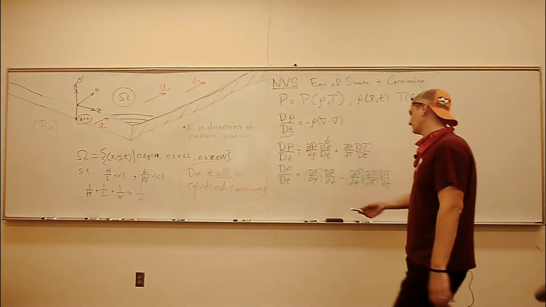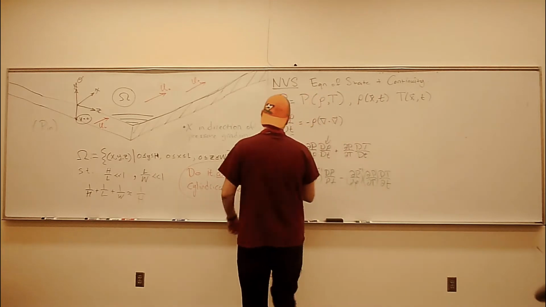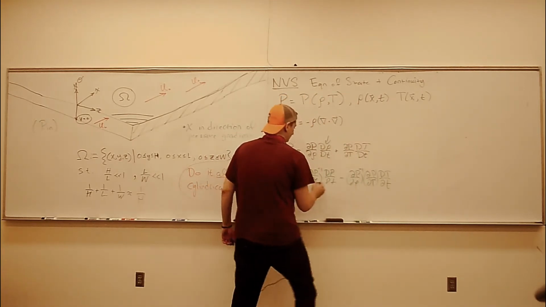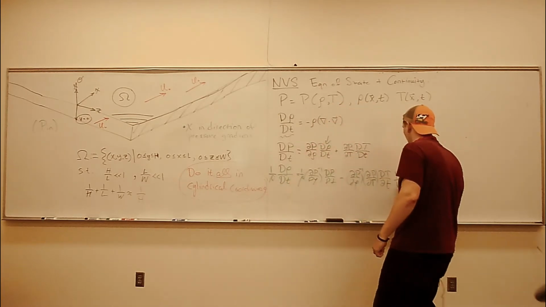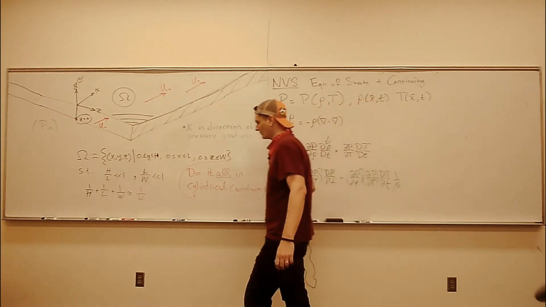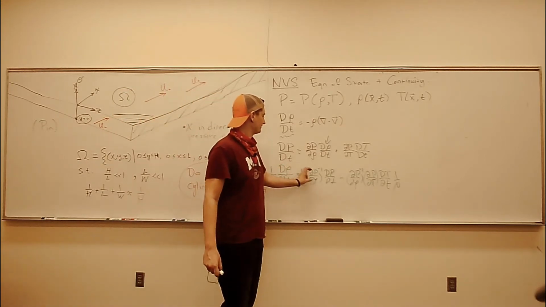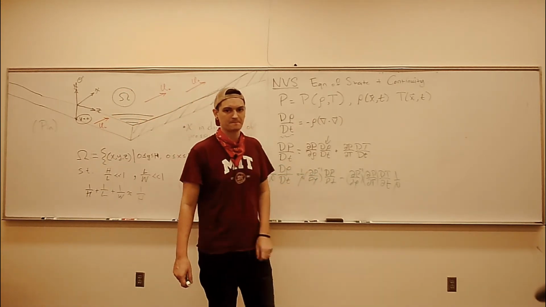Okay, and now what you do is you actually divide the entire equation by 1 over rho. And you divide the entire equation by 1 over rho because what that allows you to do is to actually flip this as if it were a fraction.